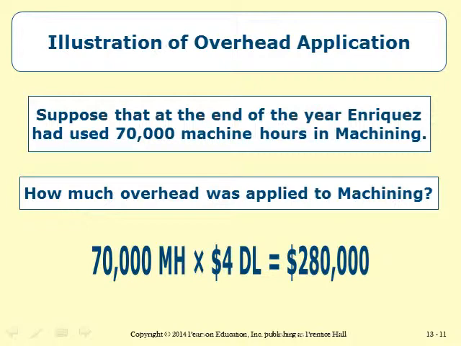So this slide shows us the calculation of the machining overhead. We said machining overhead was applied at $4 per machine hour, and so we had 70,000 actual machine hours, which got us to $280,000.